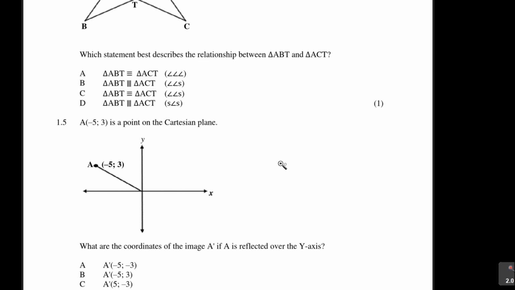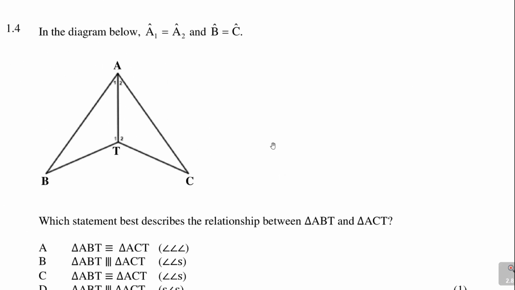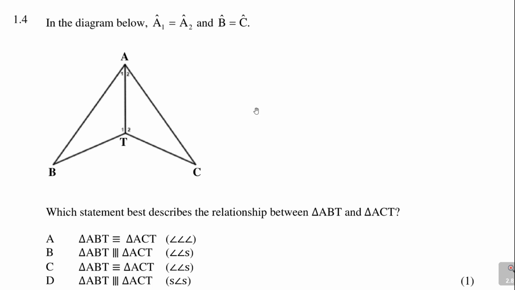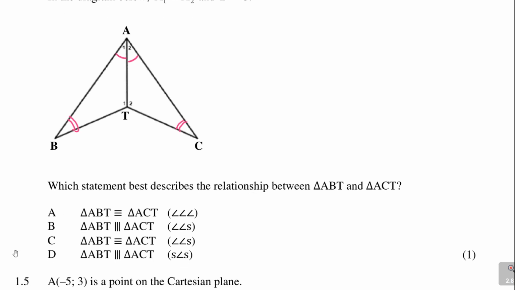It says 1.4 here. In the diagram below, A1 is equal to A2, and B is equal to C. Then say which statement best describes the relationship between triangle ABT, see this triangle, and triangle ACT.